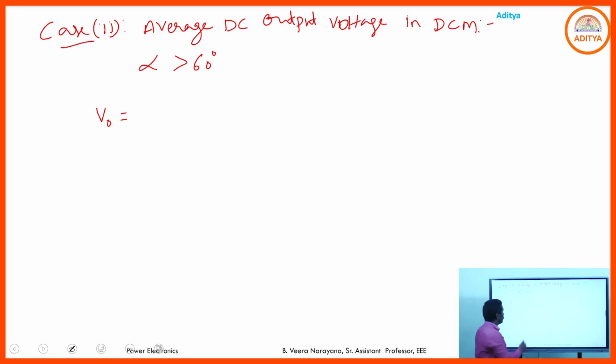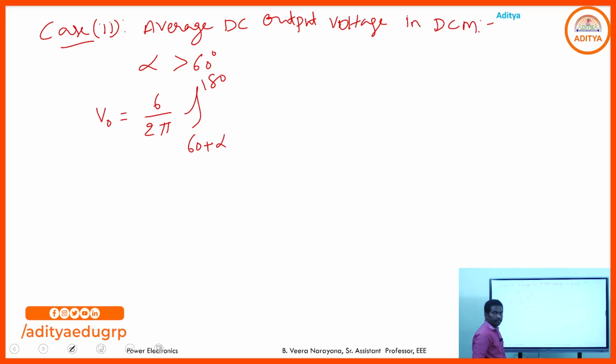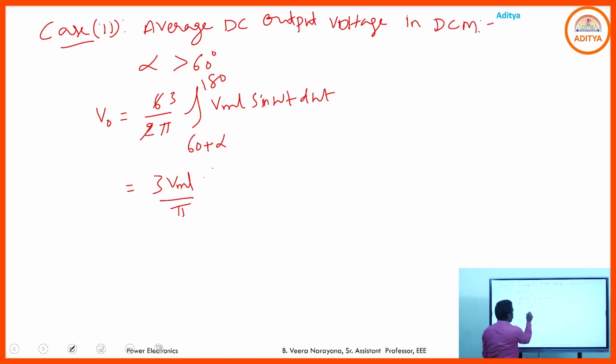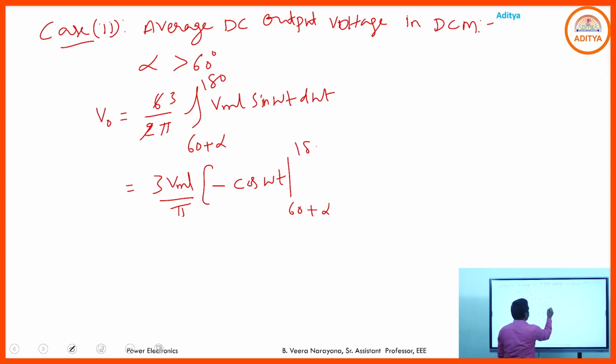DC output voltage is given by, here also you are getting the 6 pulses. So 6 by 2 pi integral from 60 plus alpha to 180 of VML sin omega t d omega t. By simplifying this expression, 3 VML by pi integral of sin omega t is minus cos omega t between the limits 60 plus alpha to 180.